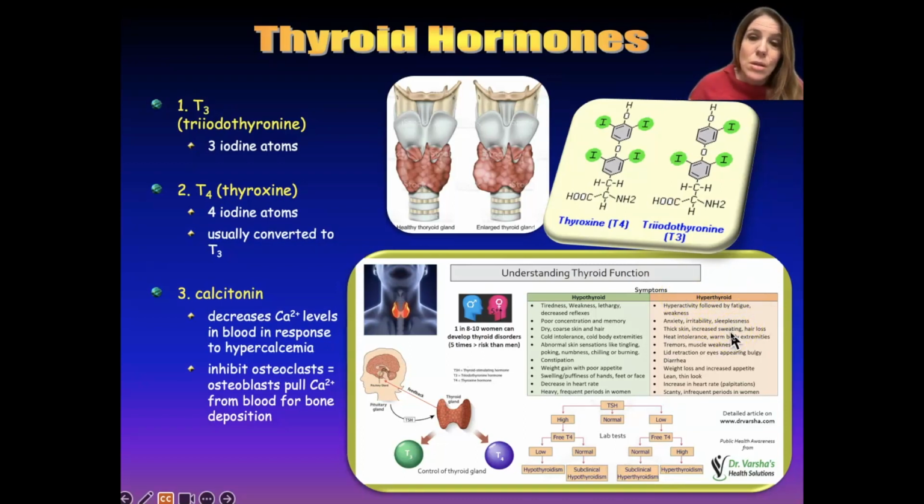And too little thyroid hormone can cause hypothyroidism. And in both cases, they come with a whole set of really bad side effects, really bad symptoms. So you can see, for example, someone who has hyperthyroidism can get bulging eyes. They can have heart palpitations. They have severe weight loss, things like that.